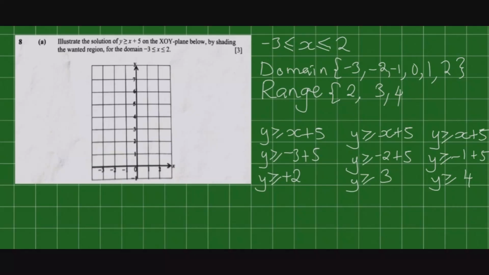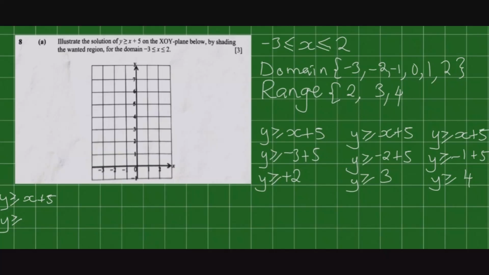Now we work out when x is equal to 0, what will be the value of y. I'm going to come here on the left side of the screen where I'm going to write y is greater or equal to x plus 5. We are looking for y when x is equal to 0.